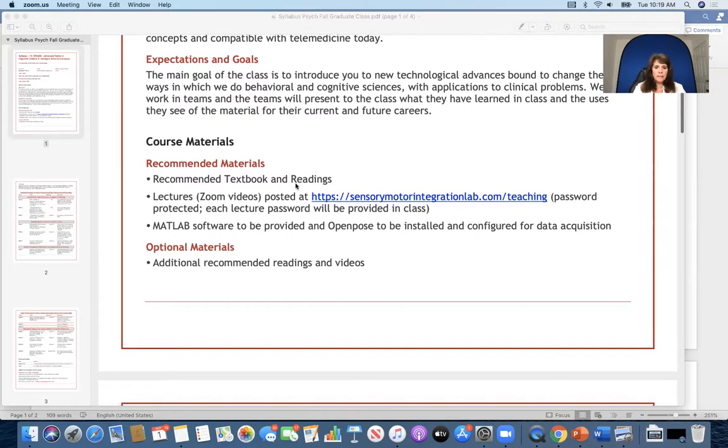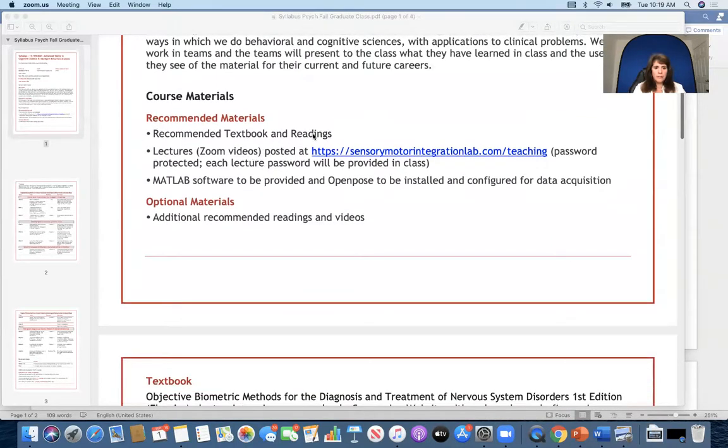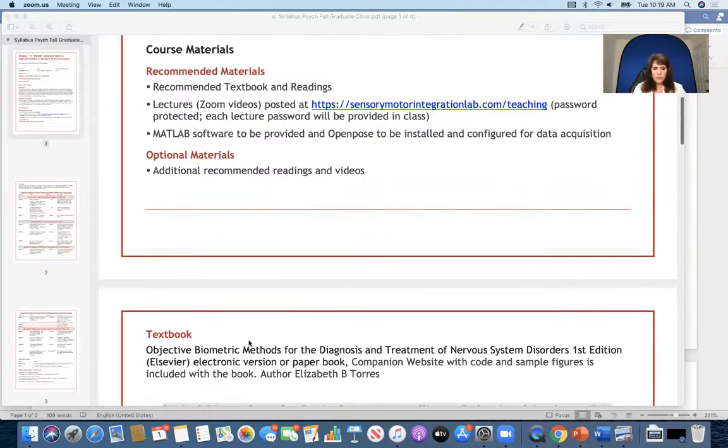The recommended textbook is a book on biometrics that I wrote. It's recommended, you don't have to have it, but it's useful to go over the lectures. The lectures will be general knowledge lectures of neuroscience and sensor technology, analytics, and so on, but at a higher level.